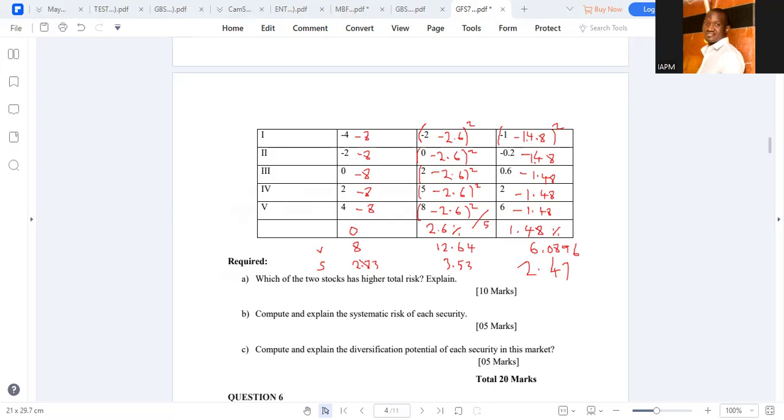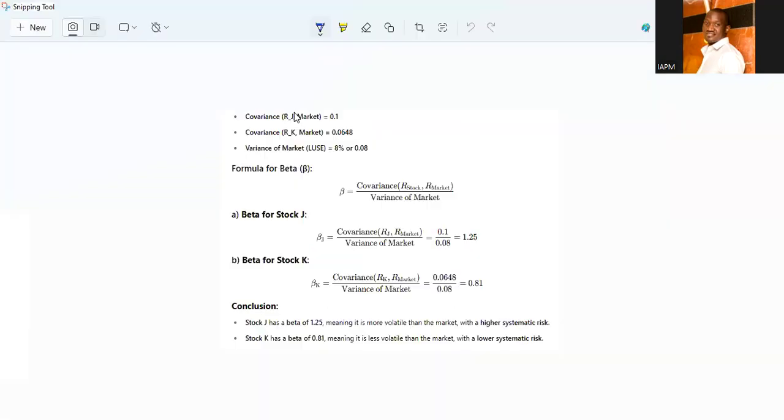The covariance for the return on J times the market we say is 0.1, right? The covariance for the return on K times the market was 0.0648, right? Then the market variance was 8%. So to find the beta is the covariance of the stock against the market. So for the beta for J, 0.1 over 8%, isn't it?